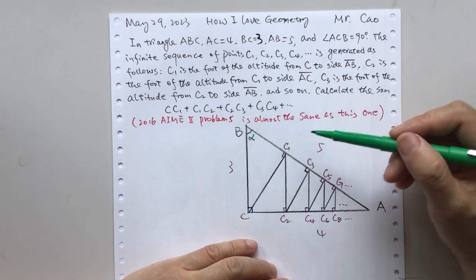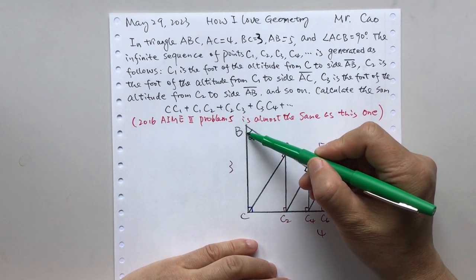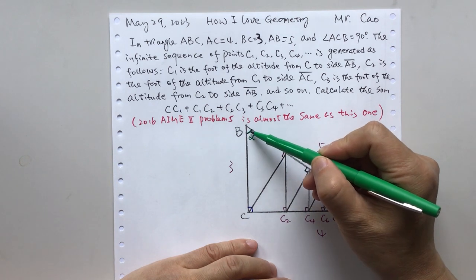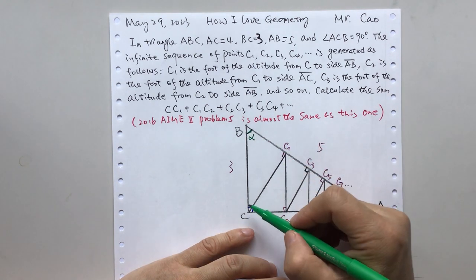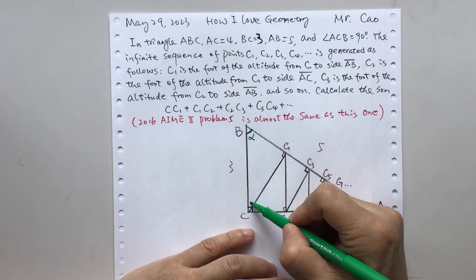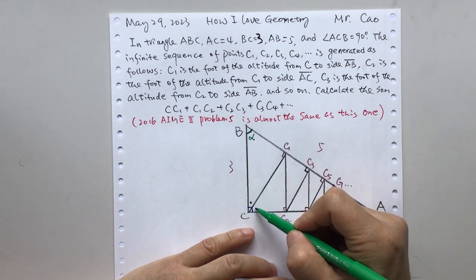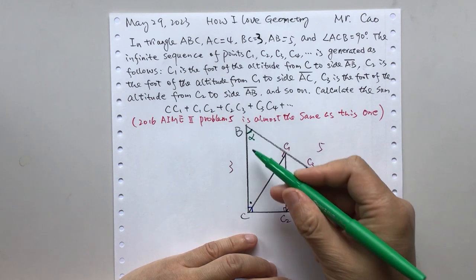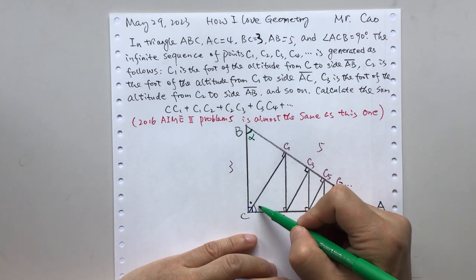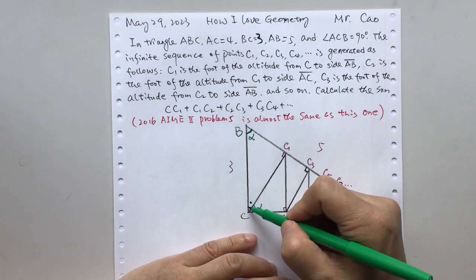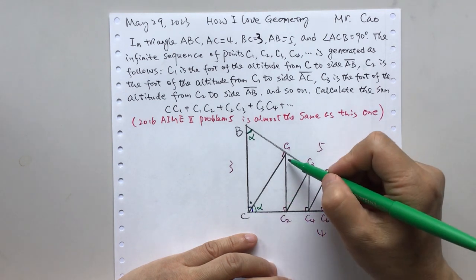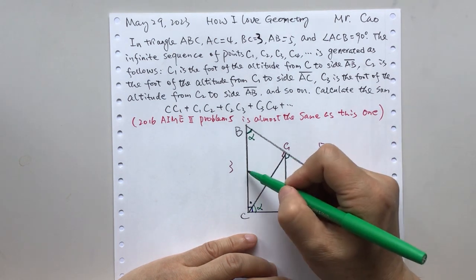So if we suppose this angle is alpha, this angle is complementary to alpha, and this angle also complementary to alpha, so this angle will be alpha. And this is perpendicular, and the perpendicular we know they are parallel, right?